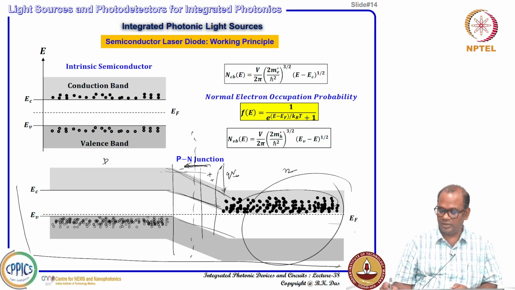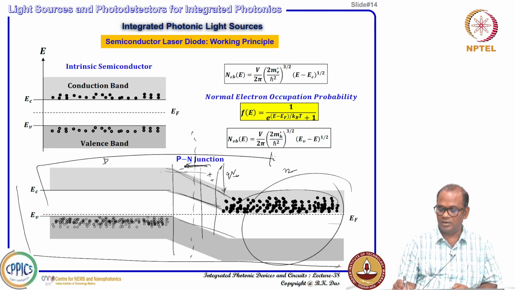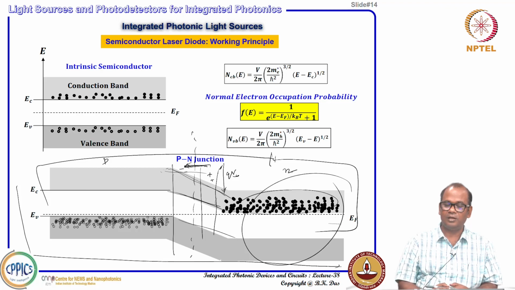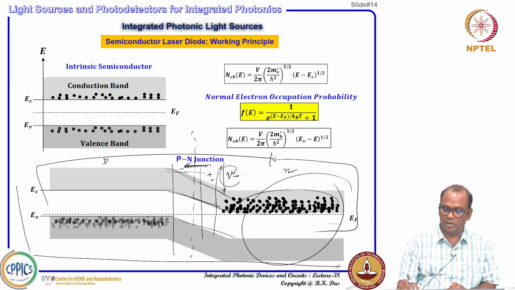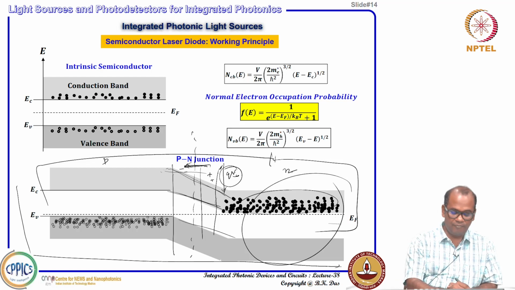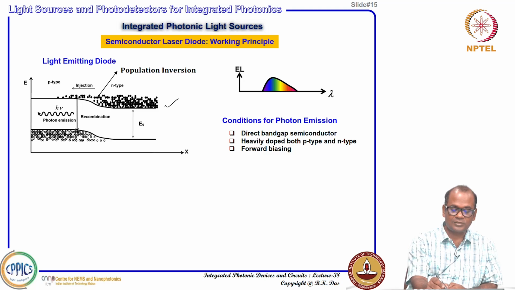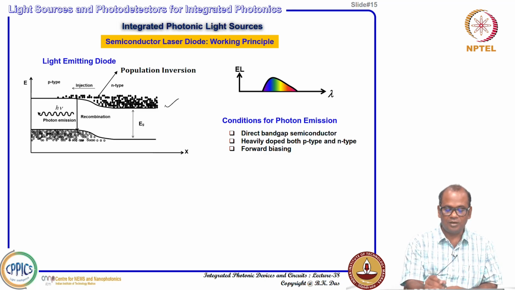Now, whenever you connect positive here and negative here, the built-in potential will start reducing, and some electrons can move into the conduction band towards the p side, and holes also move into the valence band.